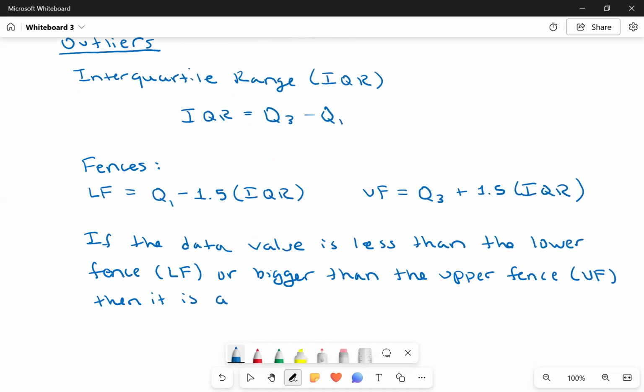So any data value that goes outside of the fences, smaller than the lower fence or bigger than the upper fence, becomes an outlier.